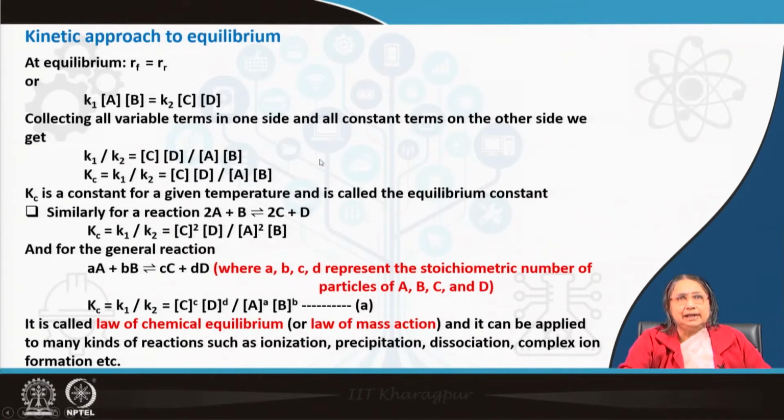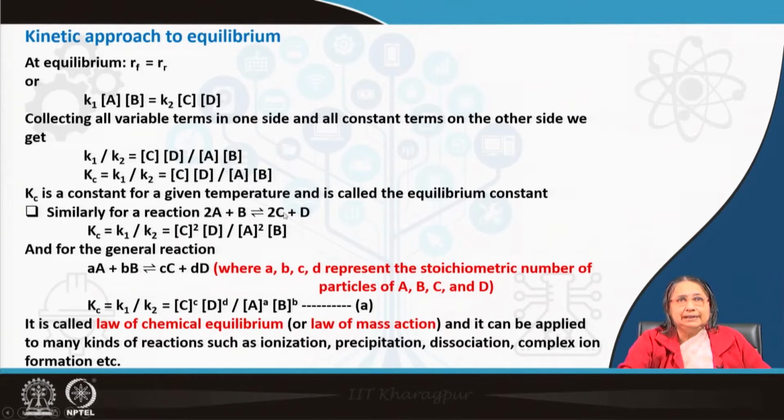I have told that all the molar stoichiometric ratios are 1:1:1:1, but almost all reactions are not like that. The molar coefficient may not be 1, but it may be 2, 3, 4, whatever.